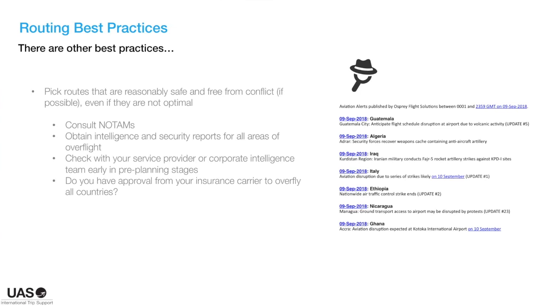Now let's take a look at some other best practices. Whenever you're picking international routes, you should always pick routes that are reasonably safe and free from conflict, if possible, even if they're not optimal.